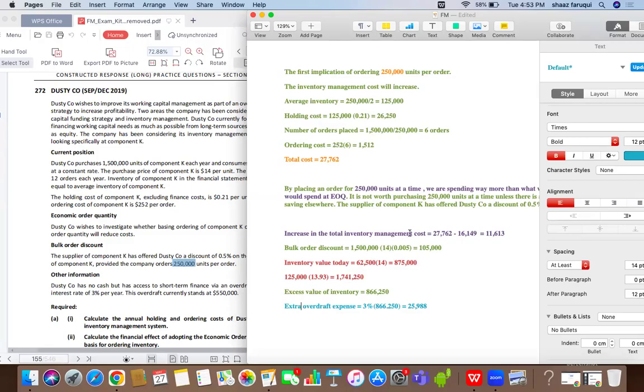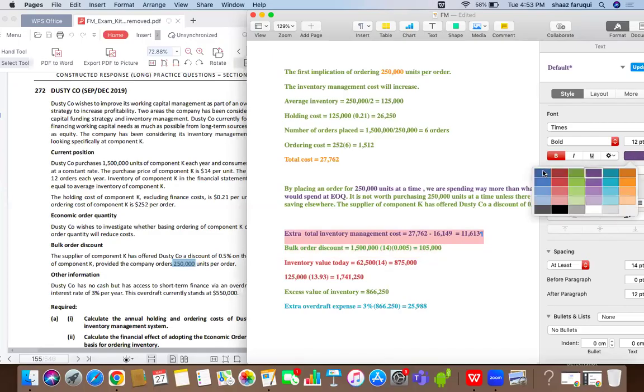On top of that, I have an extra inventory management cost. How much is the extra inventory management cost? It is another 11,613. I'm putting that also in light blue. So you see there is extra cost 25,988 plus 11,613.